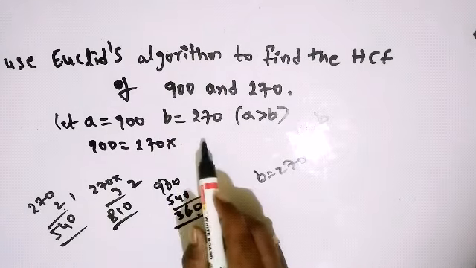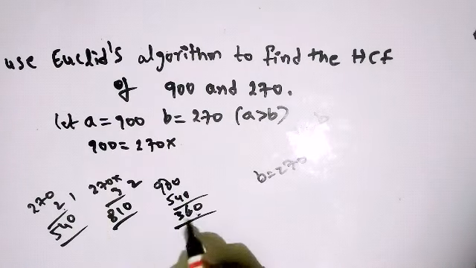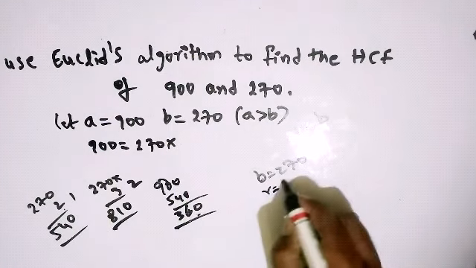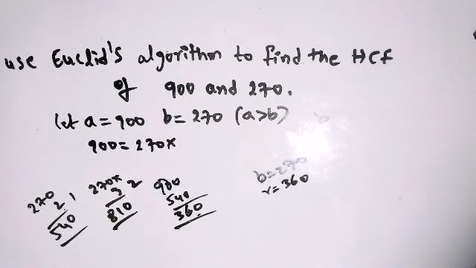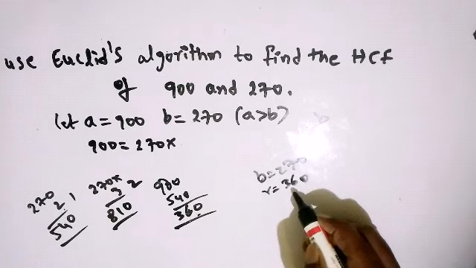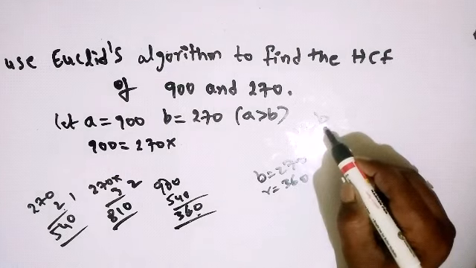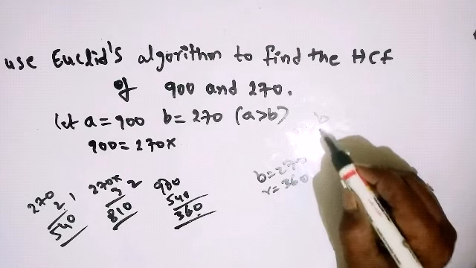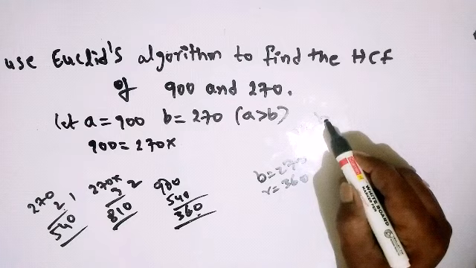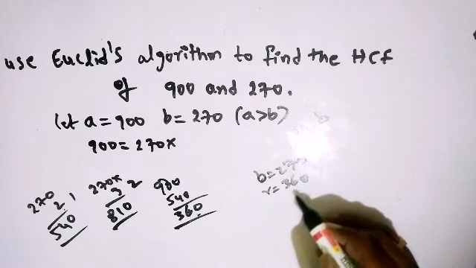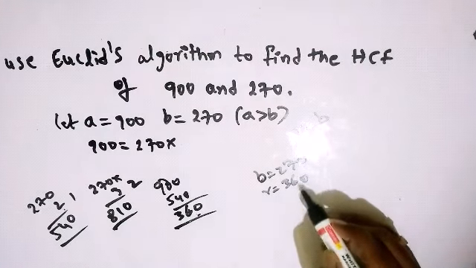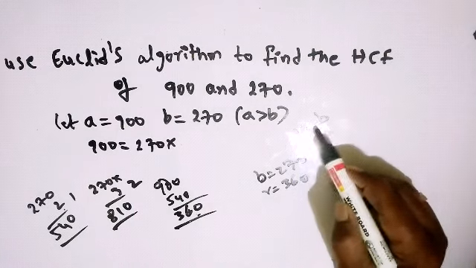If you take 2 here, the remainder is coming as 360. R equals 360. Is this satisfying our condition R less than B? No, because the R value is to be less than B, but B is 270 and R is 360. So it is more than B. Our condition is R should be less than B.